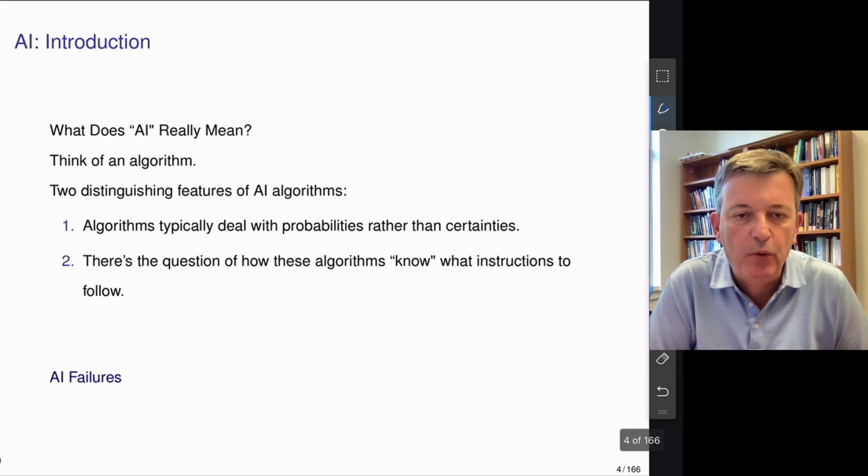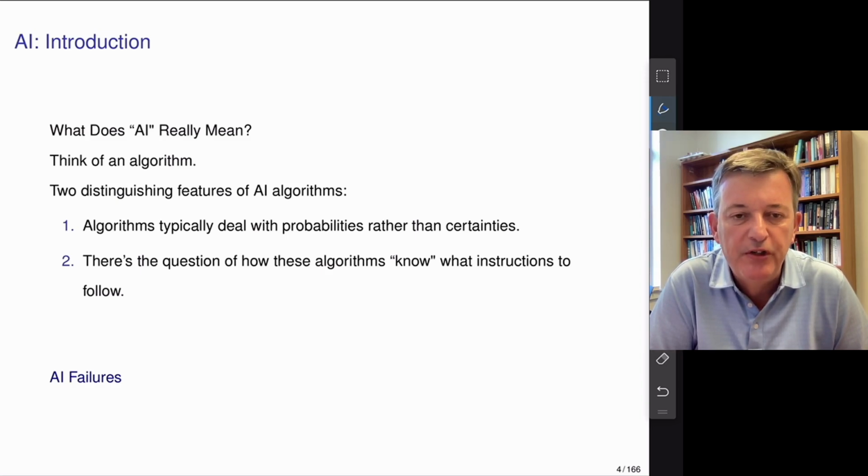Okay, so just a very quick recap. What does AI really mean? Well, to us, it's really just an algorithm, or really a sequence of algorithms put together. The nice thing is that you can piece together, for example, an image processing algorithm with a natural language processing algorithm to label photos or label videos. And remember that algorithms really deal with probabilities rather than certainties, so that's where the probability piece of the course comes in.